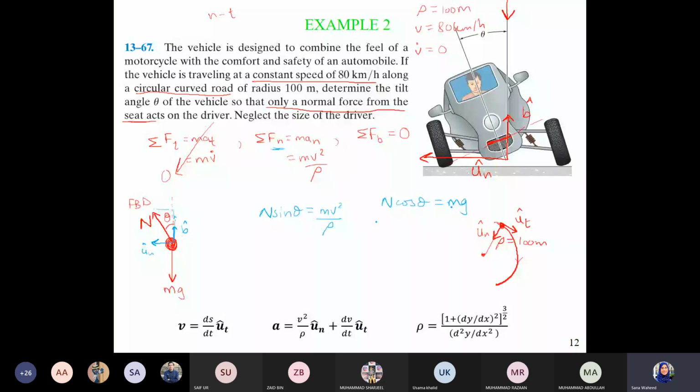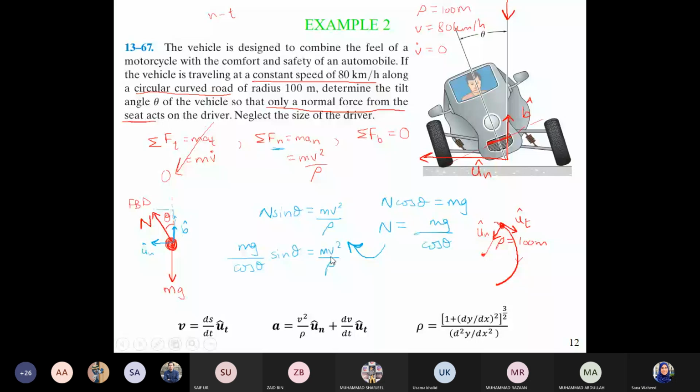So I'm getting that my normal force is mg divided by cos theta. Right? So let me substitute this into my expression for the normal direction. I get mg divided by cos theta multiplied by sin theta is equal to mv squared divided by rho.